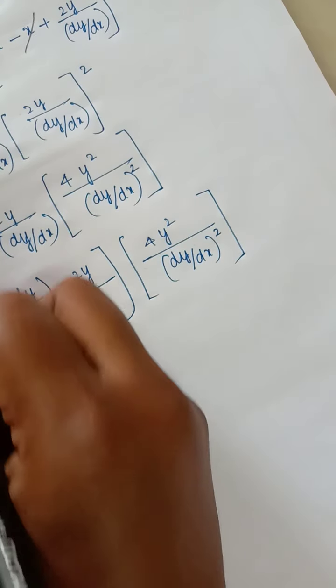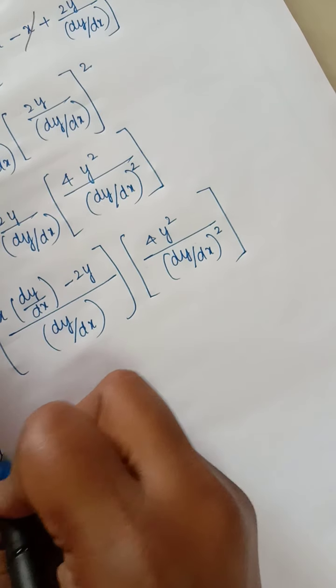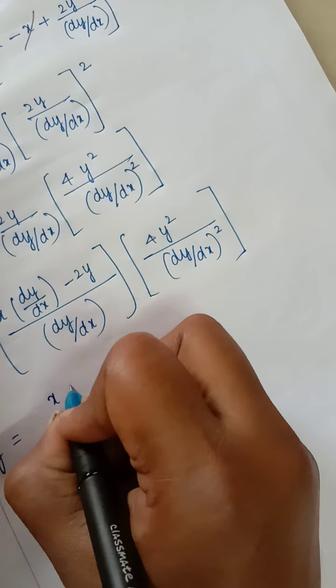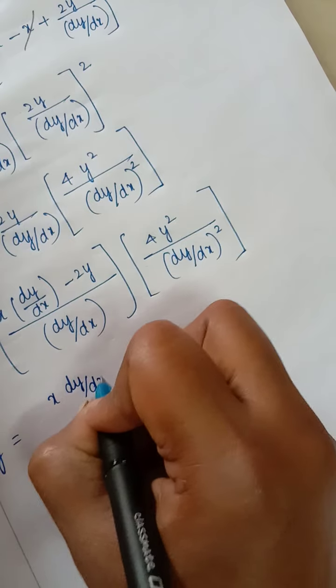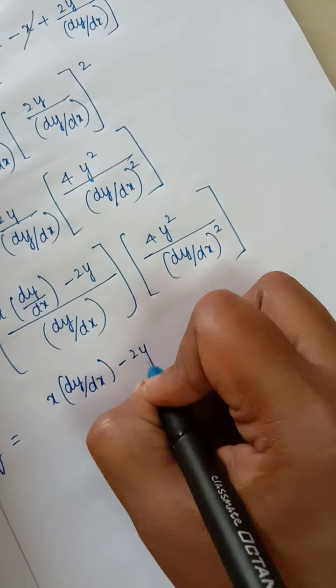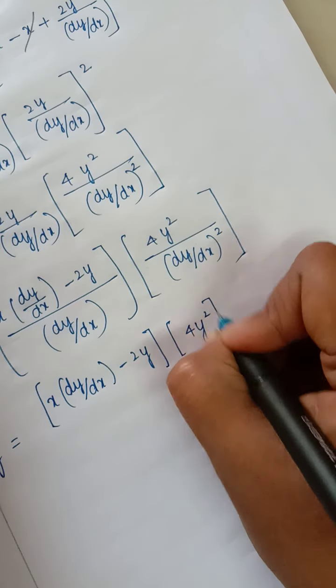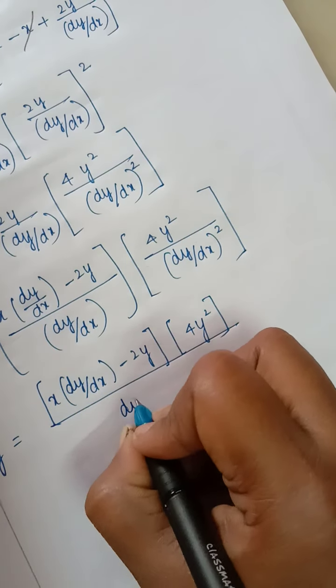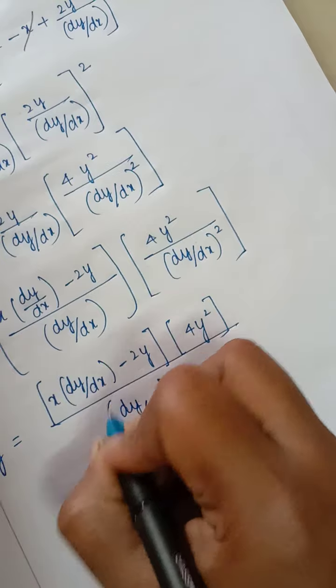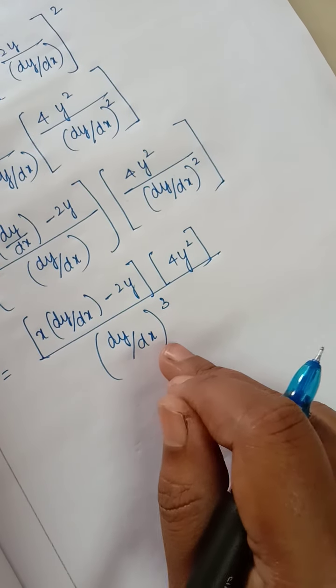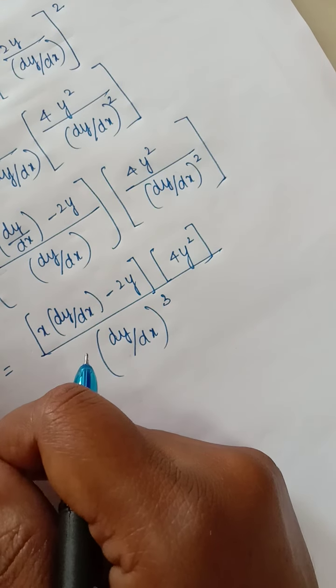Then what you will be getting, y is equal to x into dy by dx minus 2y. Here 4y square, then by dy by dx the whole power 3. Next you just cross multiply this side.